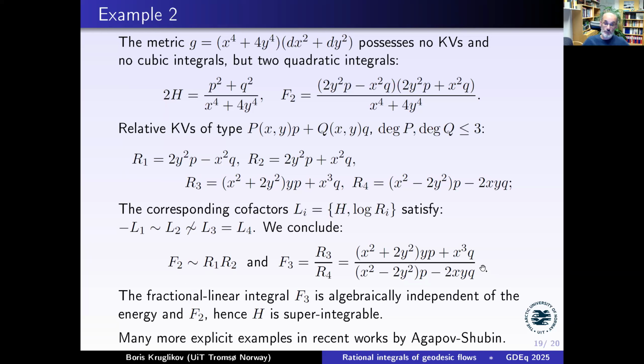So here we have, well, again, super integrability, and we use this theory how to obtain rational integrals. So many more explicit examples in recent works. There was a series of work by Agapov, Shubin, where they obtained new metrics with new rational integrals.